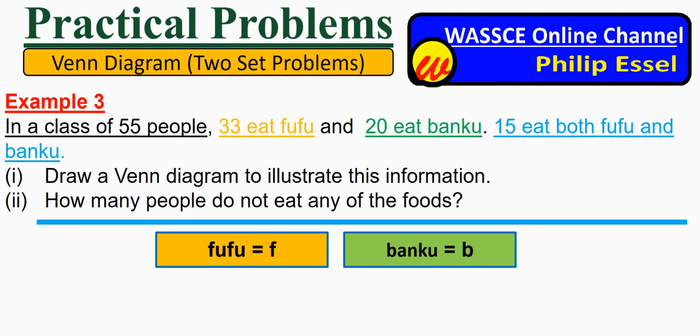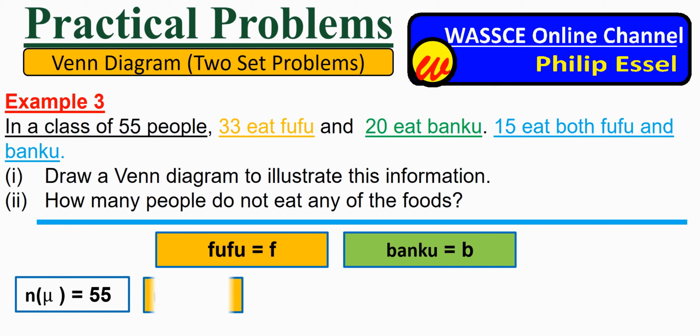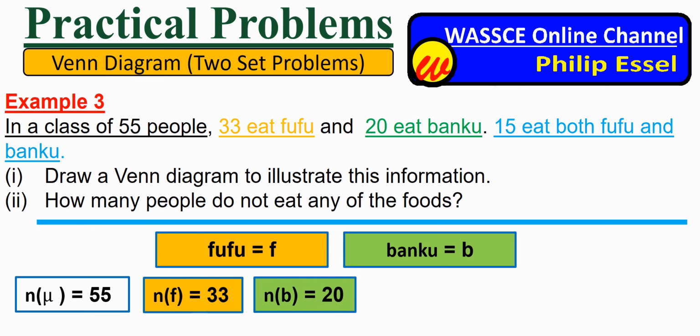So let's write that information down. The number of fufu eaters in this class is 33. So let's write it down. The number of banku eaters in this class is 20. So let's write it down. The number of people who eat fufu and banku at the same time we are told is 15, so let's write this also down.